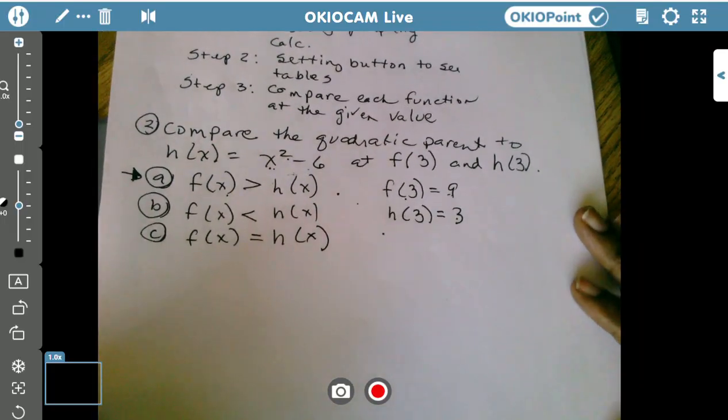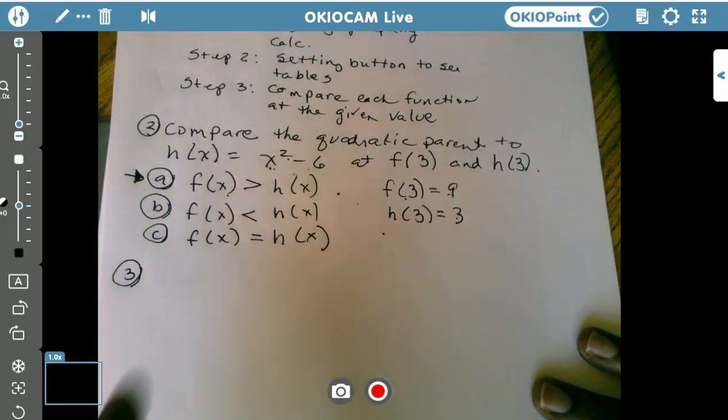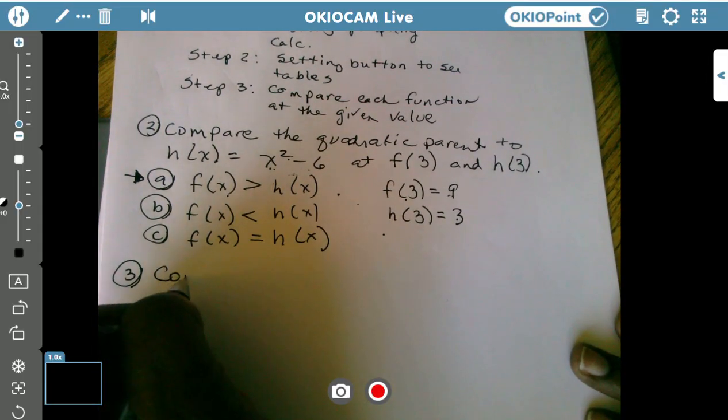Alright, we should be pros at this now, so here we go with number 3. We're going to compare absolute value functions.